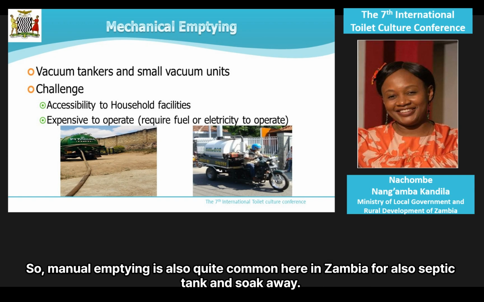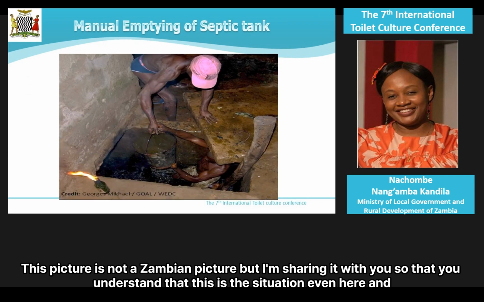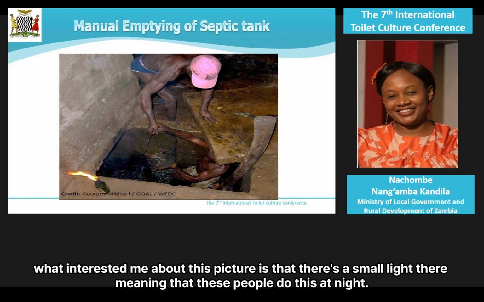So manual emptying is also quite common here in Zambia for septic tank and soakaway. This picture is not a Zambian picture, but I'm sharing it with you so that you understand that this is the situation even here. What interested me about this picture is that there's a small light there, meaning that these people do this at night.